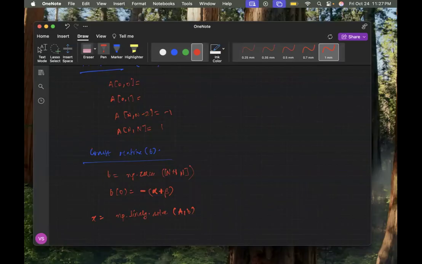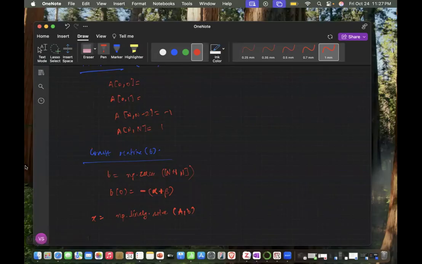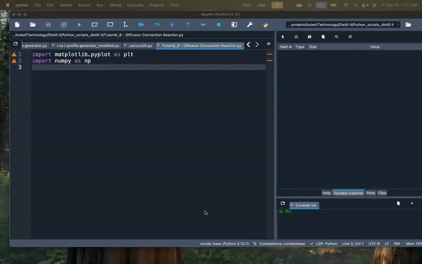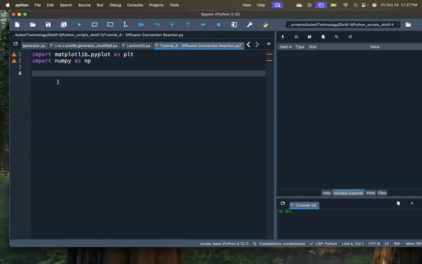So now that we know a general procedure, let's try to solve this using Python. I've already imported the libraries for you all. Now let's try to formulate the matrices over here. Let's start by initializing my A matrix.